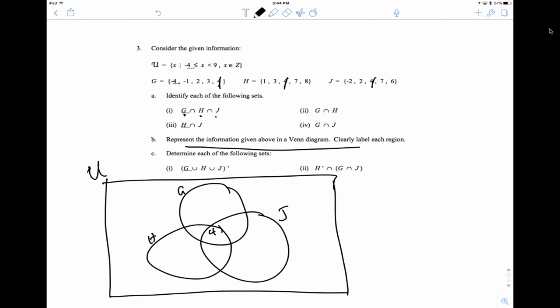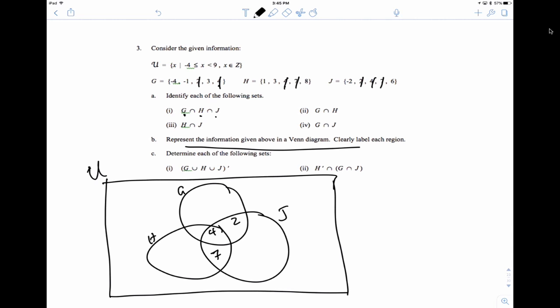Now I'll look for numbers that are in 2 sets. 2 in G and J. Overlap between G and J. 7 is in H and J, but not in G. So H and J, but not in G. So 7.